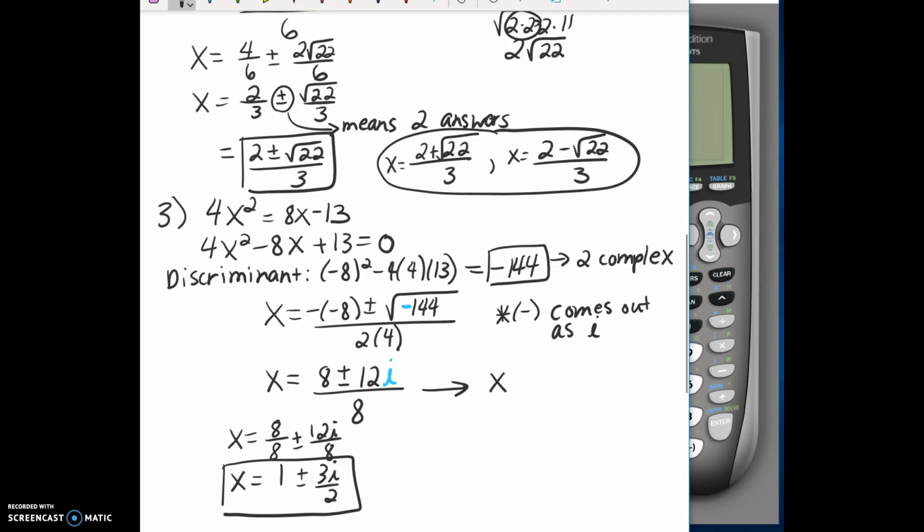Or you can ask, what's something that goes into all three of those numbers? You can divide everything by 4 and get 2 plus or minus 3i over 2. The answers look different, but they're really the same. The plus or minus will again represent the fact that you have two answers, so I'm just leaving those both as plus or minus instead of writing them out as two answers.